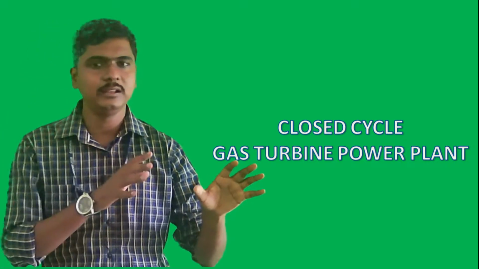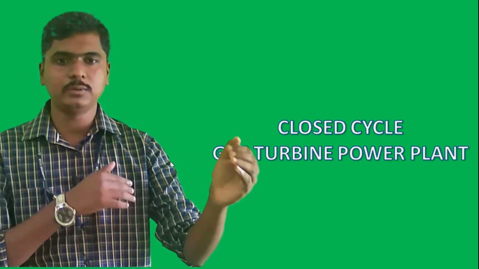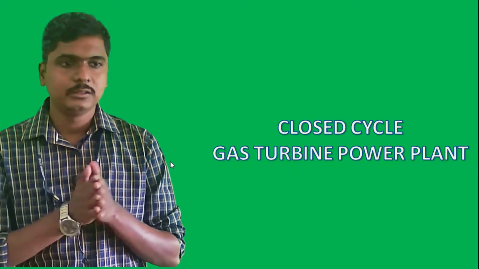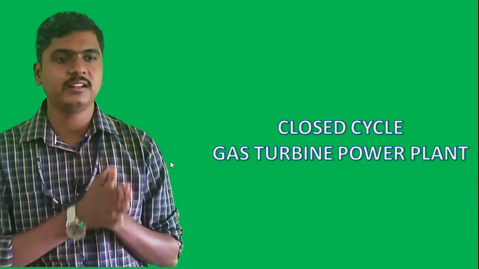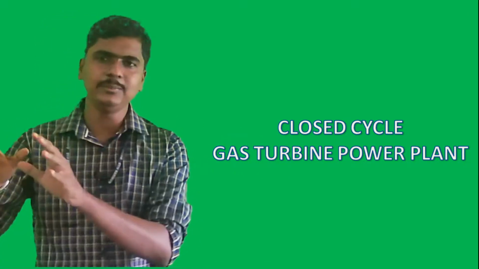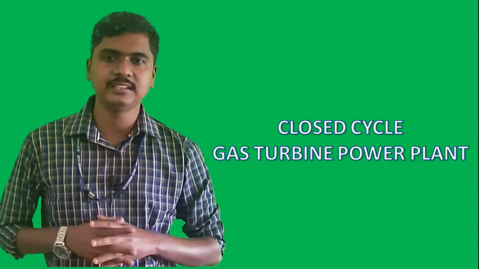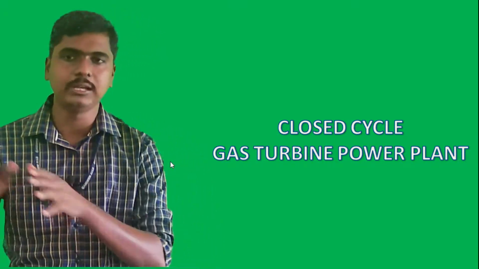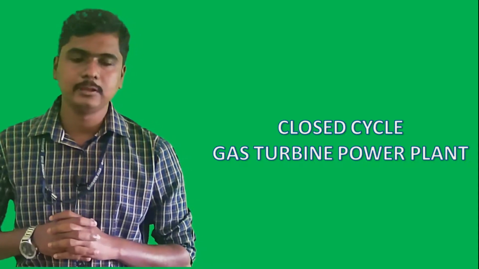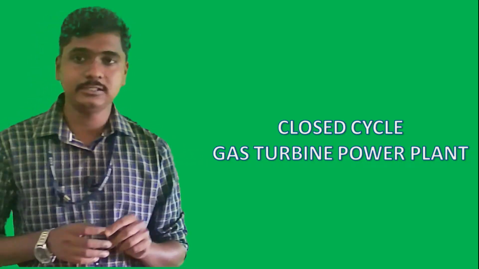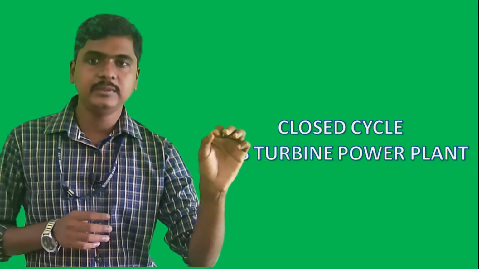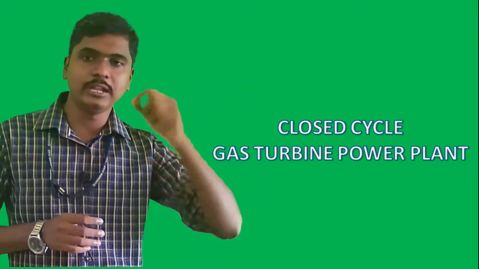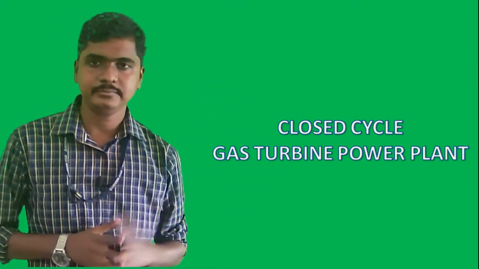Here I am going to cover this topic very rapidly, because the working principle of a closed cycle gas turbine power plant is very similar to the open cycle gas turbine power plant that we have just discussed. The only difference is that in a closed cycle gas turbine power plant, the same gas is circulated again and again.